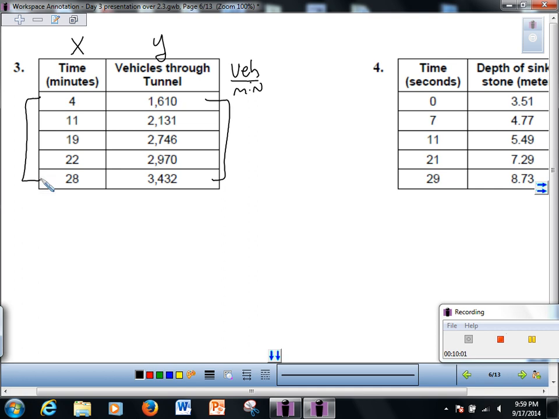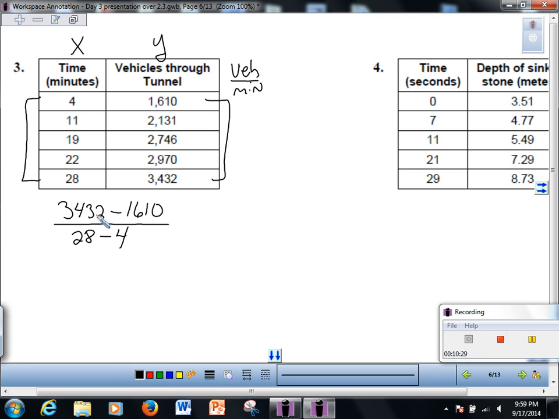Hopefully you have an idea of what I'm going to do. I need to figure out how my vehicles changed. So I'm going to go 3,432 minus 1,610. That tells me how my vehicles grew. Over 28 minus 4. Hey, I want you to notice this also while I'm here.